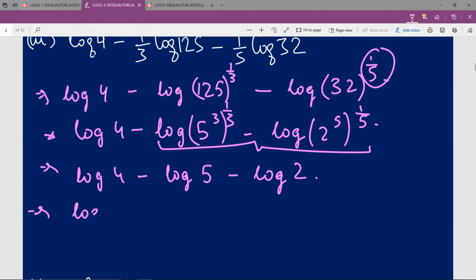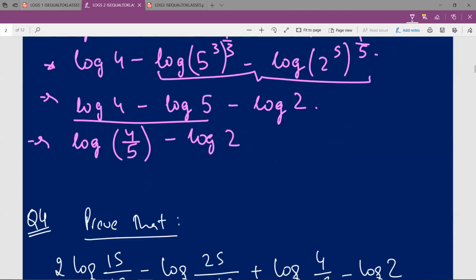What do I mean by that? I'll just solve this part-wise. First I'll solve this, then whatever answer I get by applying the log laws, I'll subtract that from log 2, then we'll be good to go. According to the second law, I could write this as log 4 upon 5 minus log of 2.